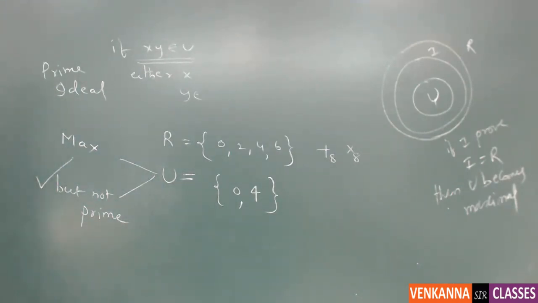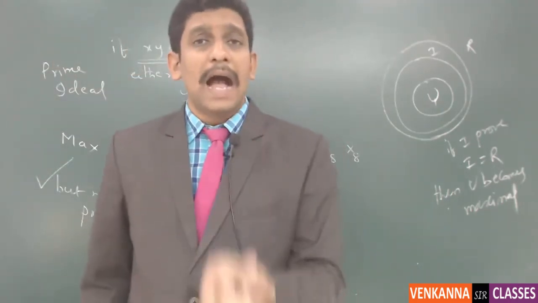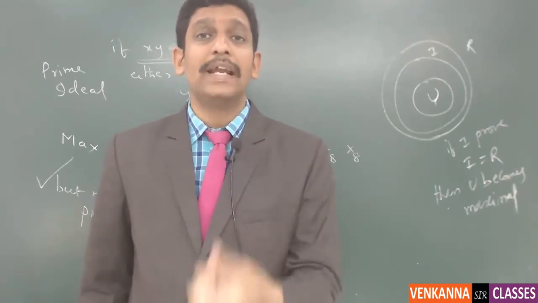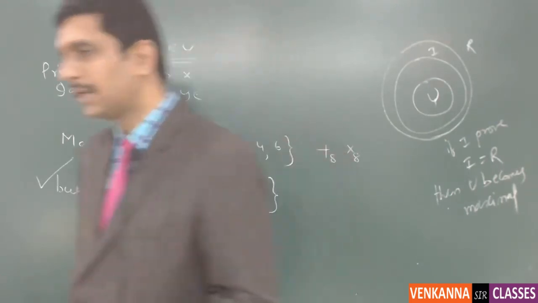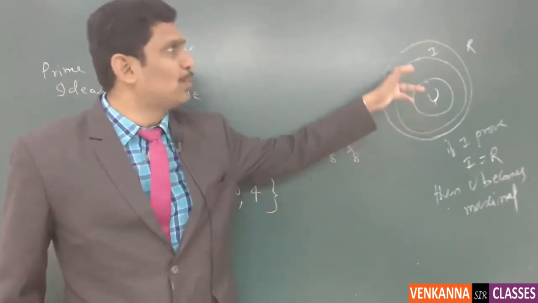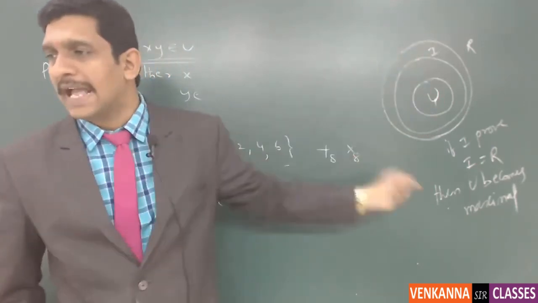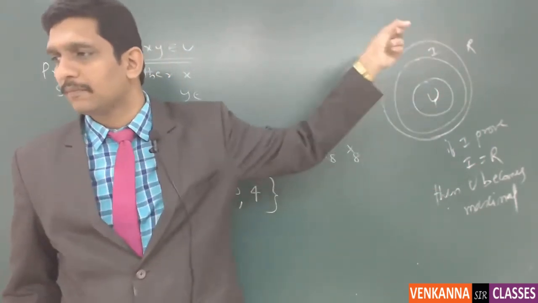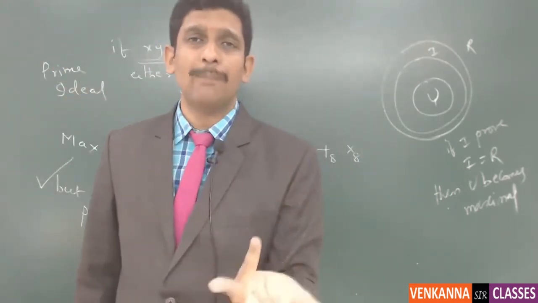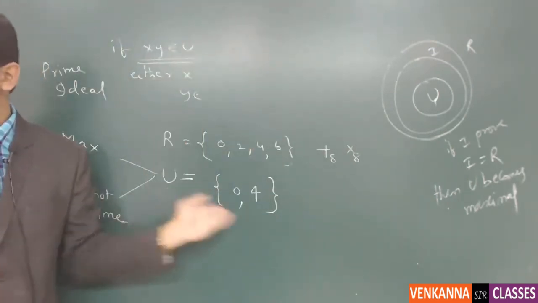So here you can say that basically ideal, if you take the operation plus, it is a subgroup. Accepted? So this is a subgroup of this and this is a subgroup of this as far as the diagram is considered. So whenever we have the group structure, we can apply Lagrange's theorem because these are the finite groups you have taken.